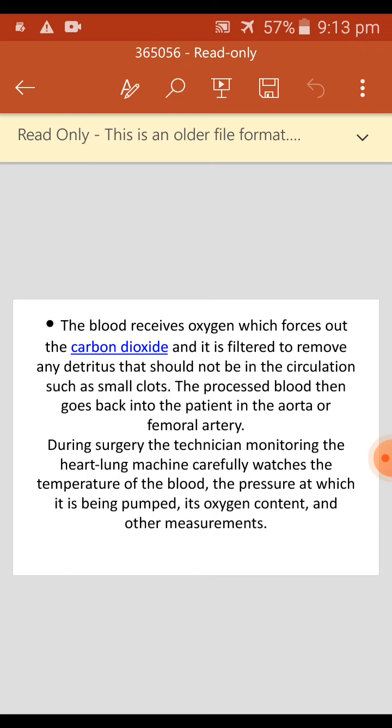Additional HLM components: heater cooler device. This is also called heat exchanger. The heater cooler device delivers water with a temperature ranging from 2 to 42 degrees Celsius. The heat exchanger contains two chamber pumps that ensure the delivered water does not cause a buildup of overpressure in the circuits.